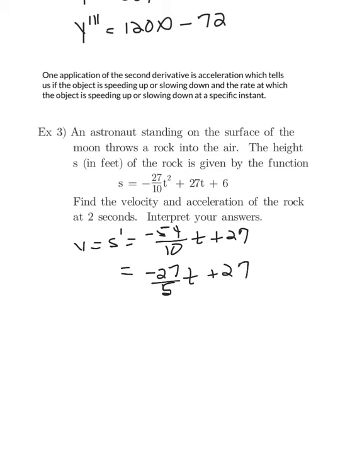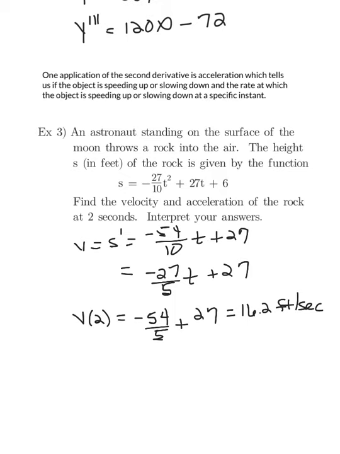We are supposed to find the velocity at 2 seconds. So the velocity at 2 seconds, if we put 2 into this, we will get negative 54 over 5 plus 27. If you work that, you will get 16.2, and our measurements are feet per second.